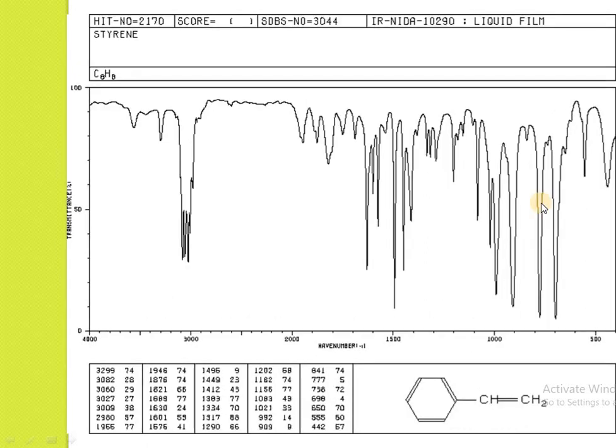Next, similarly, we can see a double bond is present in this, slightly around 3000, but it will be slightly to the left, and all these are due to the benzene ring. So we can identify the compound or the functional group present in a compound by seeing these spectra.